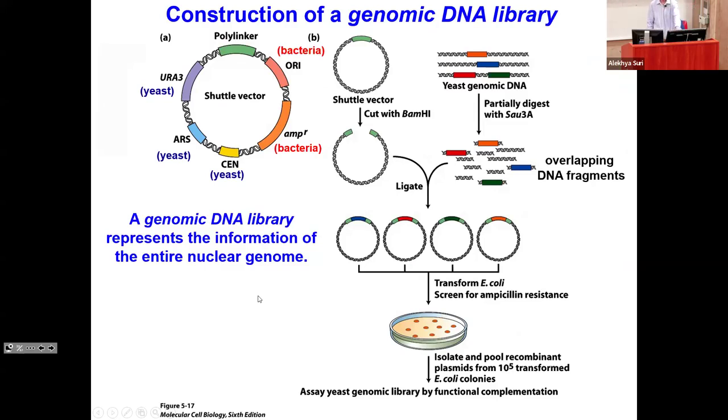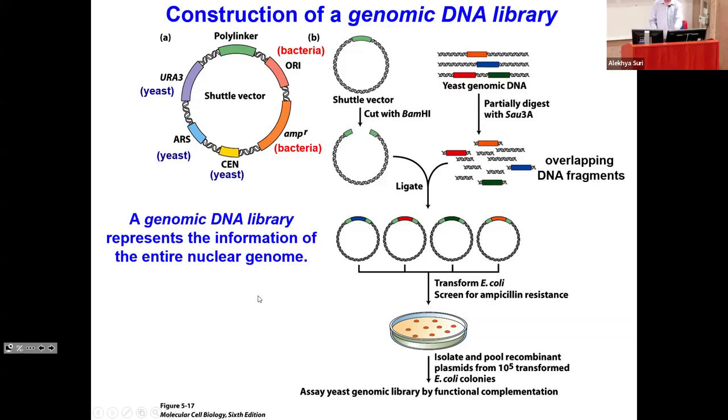Here, on the right side, you have genomic DNA that you digest with restriction enzymes, but you create it in a way that the fragments would overlap. So it's not completely digested. One fragment would show up in the sequence of another fragment. So that's called overlapping.